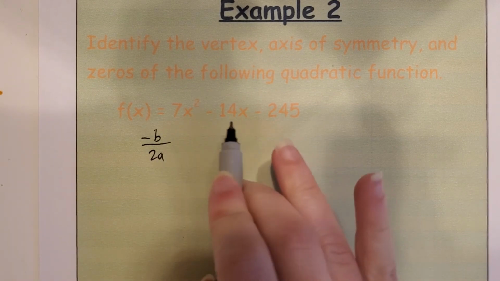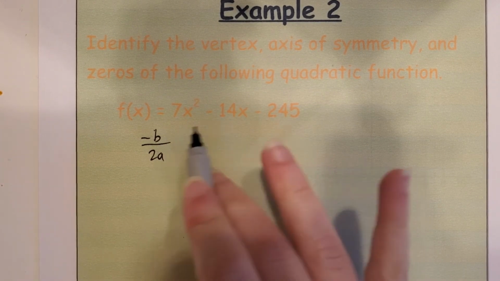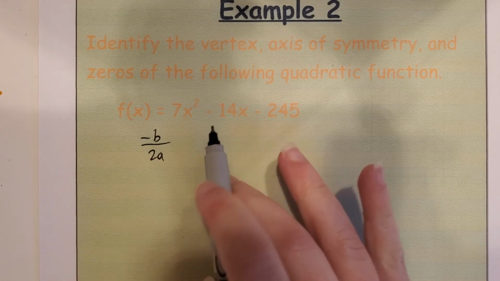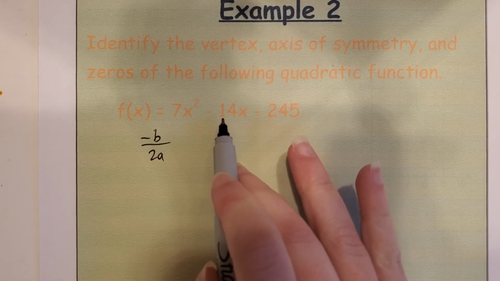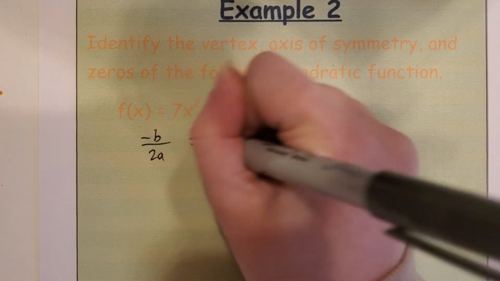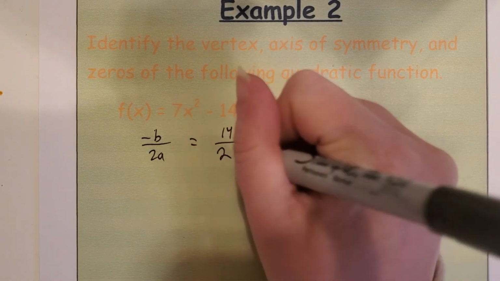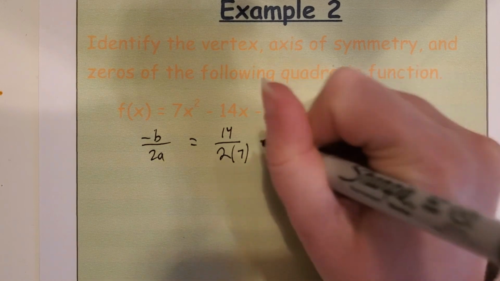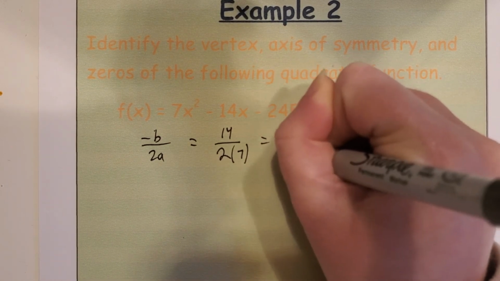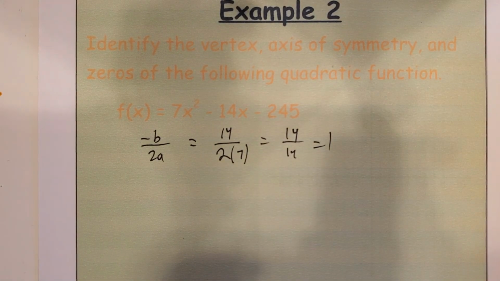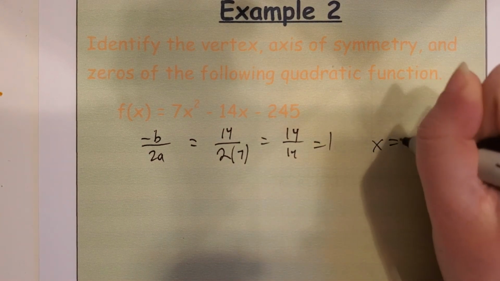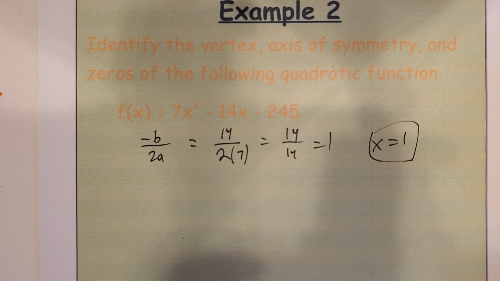And if you can't really read this, it's using the b and the a value from your original problem. So b is -14, so -b is +14, over 2 times our a value, which is 7. So this is 14 over 14, which is 1. So the axis of symmetry is x = 1.